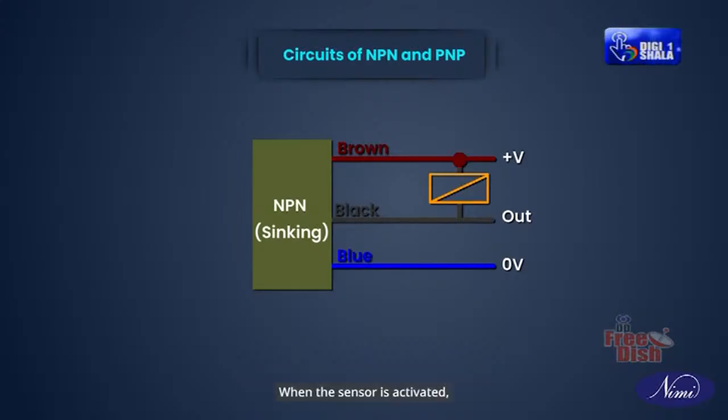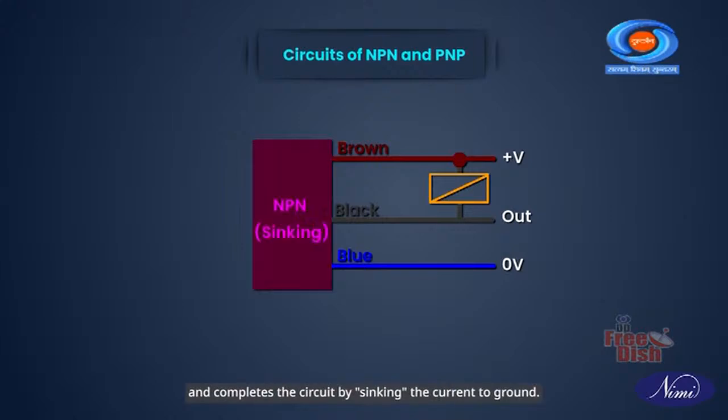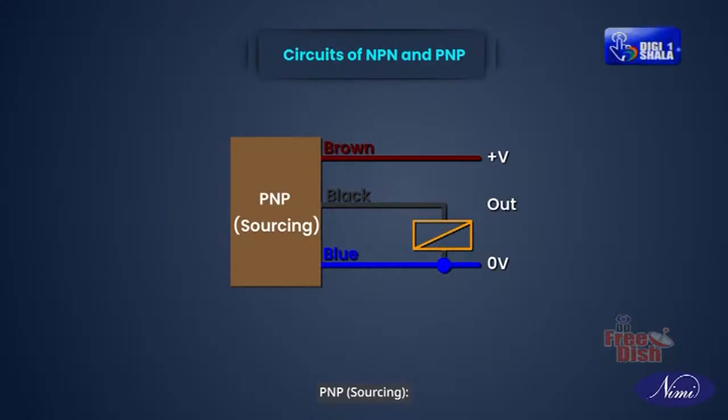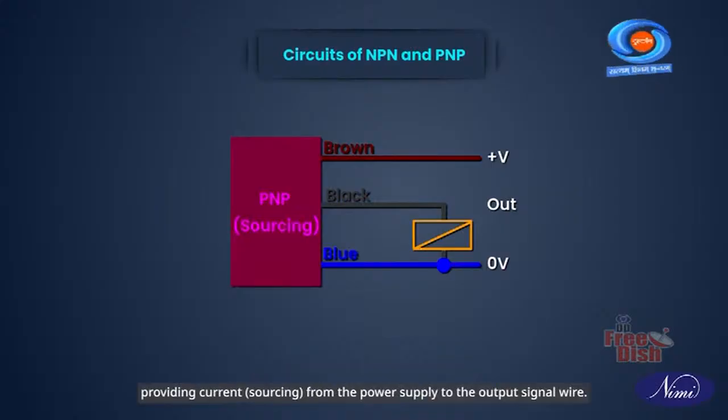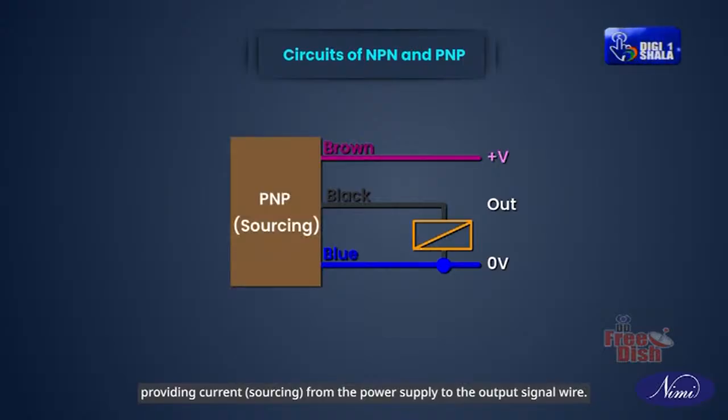When the sensor is activated, the output acts like a switch and completes the circuit by sinking the current to ground. PNP or sourcing. In its inactive state, the output signal is at a low voltage level. When activated, the sensor acts like a switch, providing current from the power supply to the output signal wire.